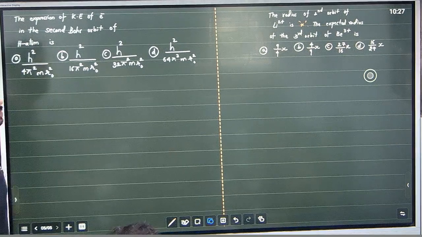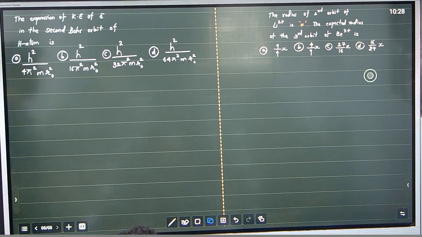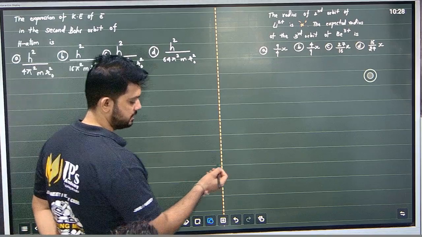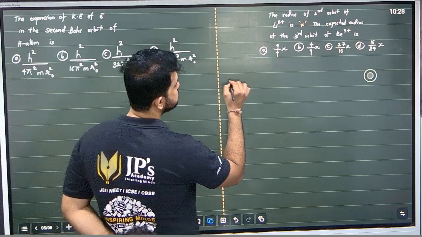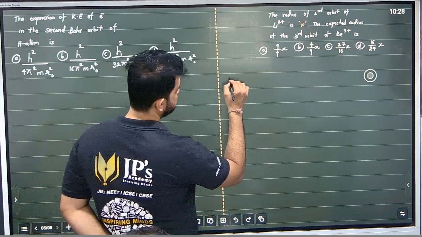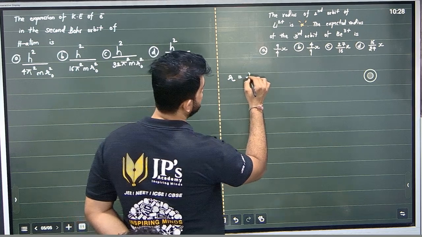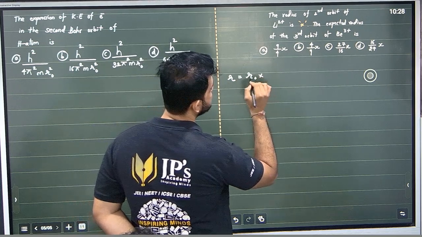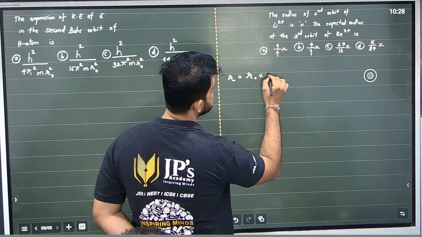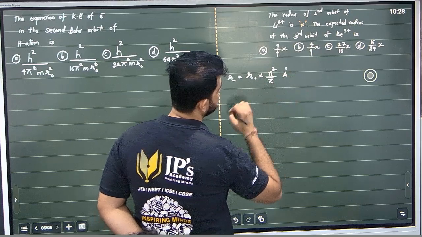Okay. So what does the question say, people? The radius of the second orbit of lithium ion is x. What's the formula for radius? R is equal to, now instead of 0.529, we can write R0 into n square by z angstrom.